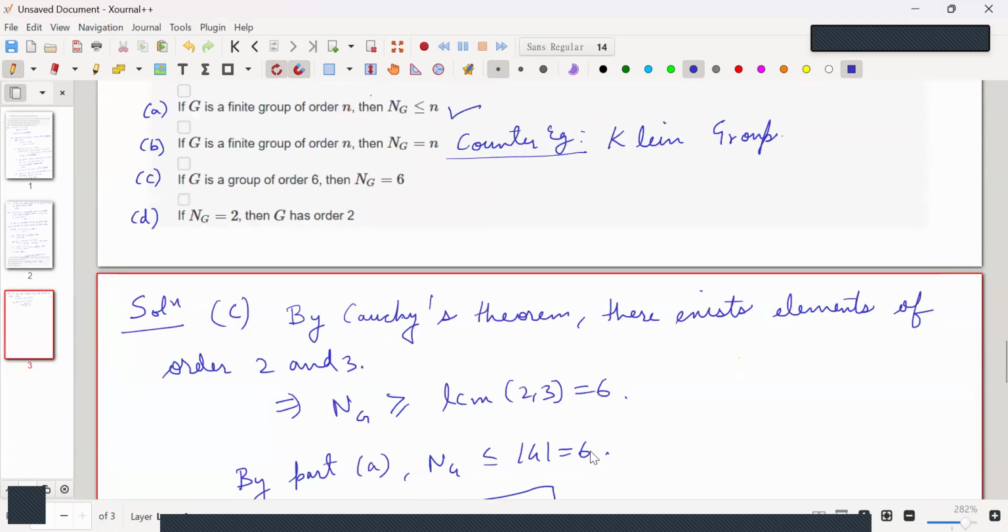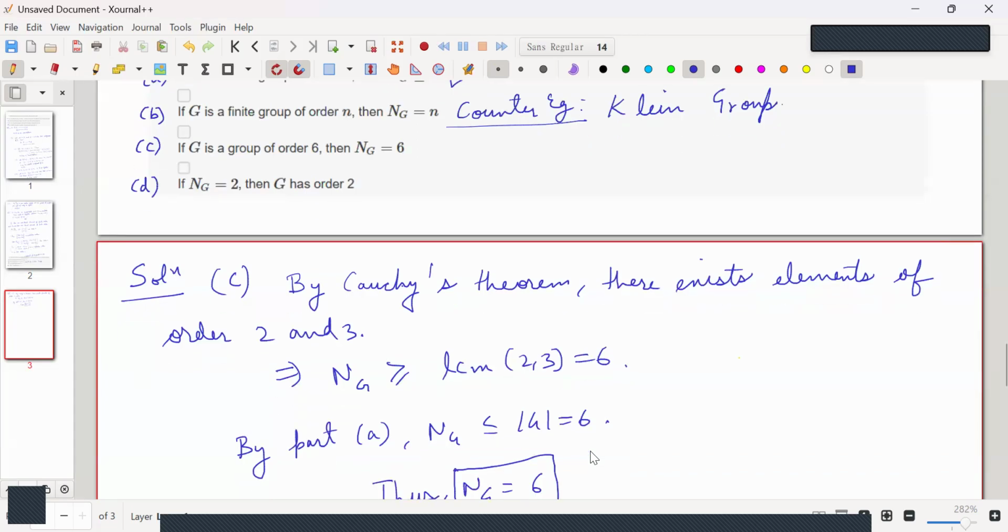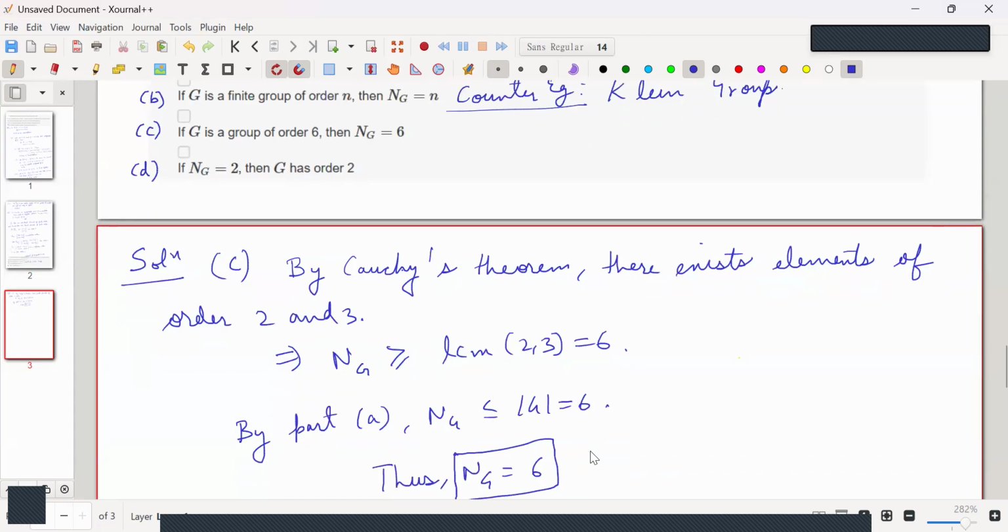But you should know that whenever there is a question concerning groups of fixed order, if you know all groups available for that order, then you can directly answer the question without even knowing some important theorems like Cauchy's theorem.